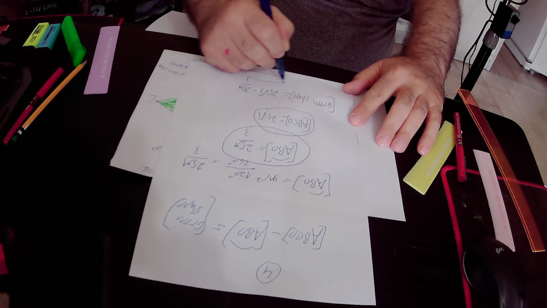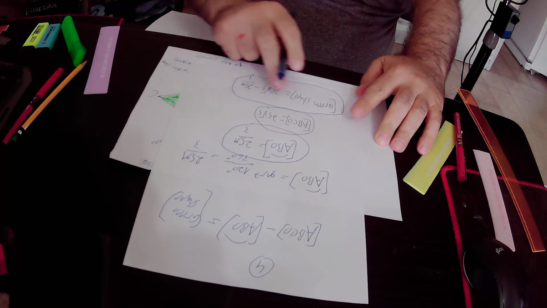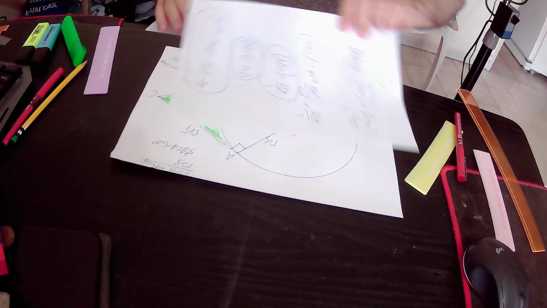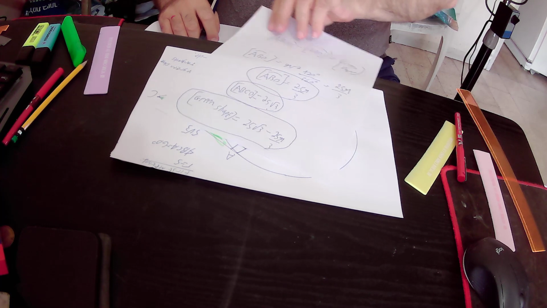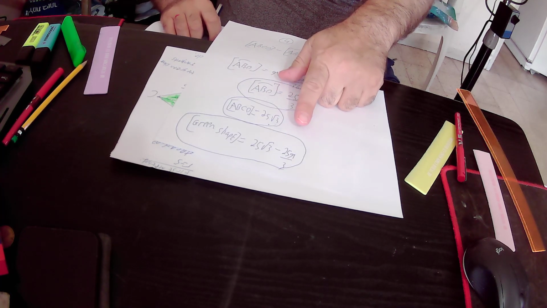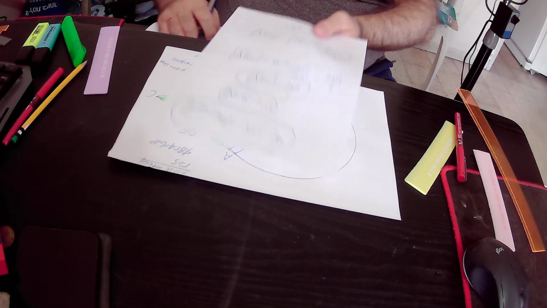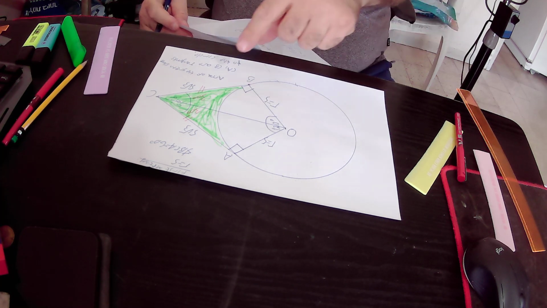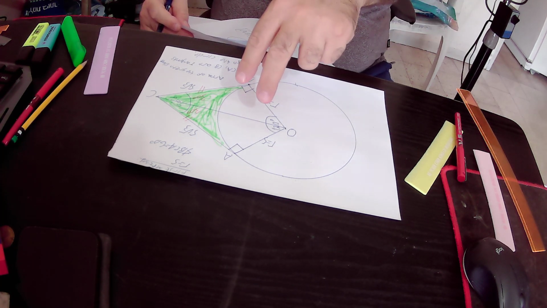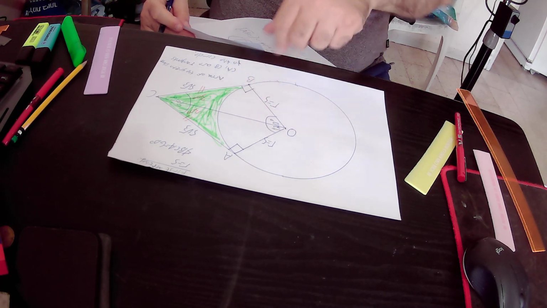So we found that the area of the green shape equals 25 times root 3 square units minus 25 pi over 3 square units. Again, the area of the green shape equals the area of quadrilateral ABCO minus the area of sector ABO.